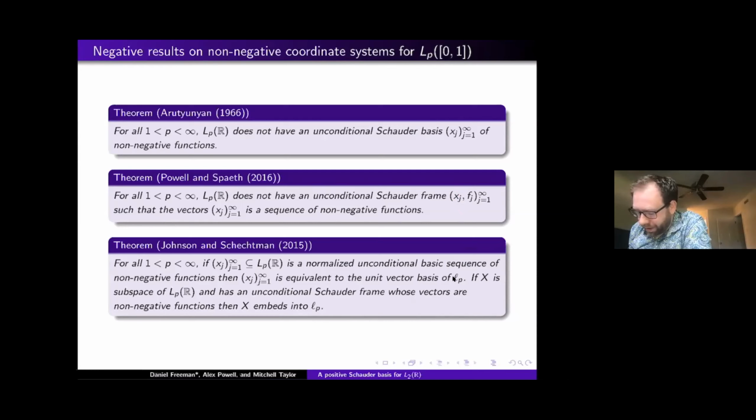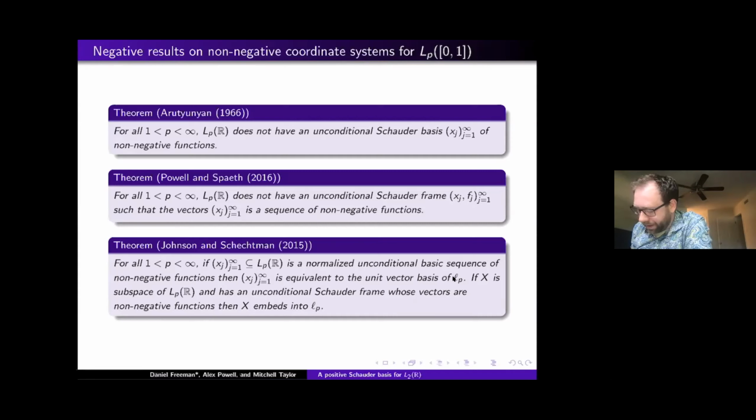And Johnson and Schechtman extended these results so that if you have a sequence xj, which is a normalized unconditional basic sequence for its span using only non-negative functions, then it must be equivalent to the unit vector basis of little LP. Essentially, if you have an unconditional basic sequence of positive functions, pretty much the only way to do that is to make them disjoint, and then they'll be equivalent to the unit vector basis of little LP.